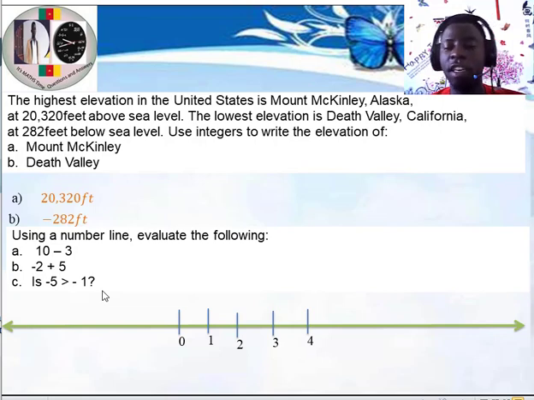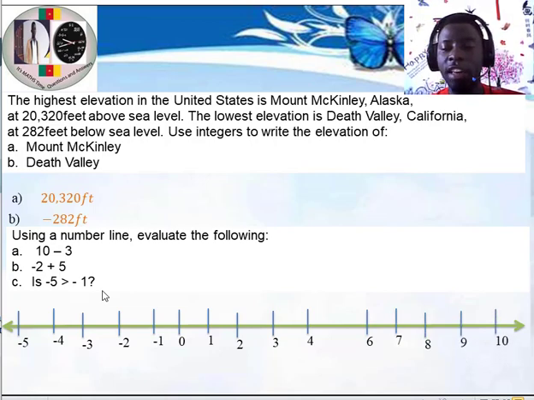To the left, we have minus 1, minus 2, minus 3, minus 4, and so on. But part A needs numbers up to 10, so we'll add more numbers to the right: 5, 6, 7, 8, 9, 10. Sorry, I needed to indicate 5 here. There is a 5 here.